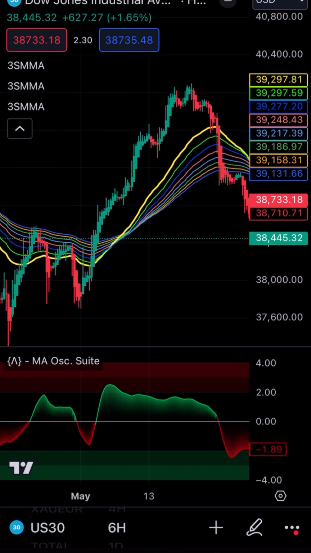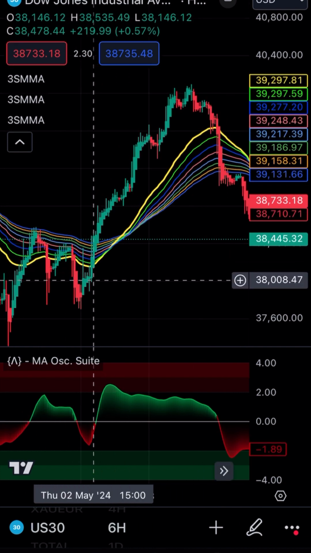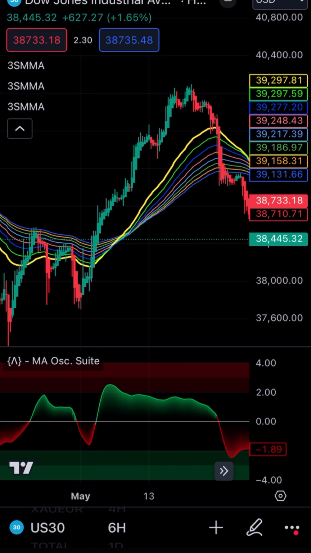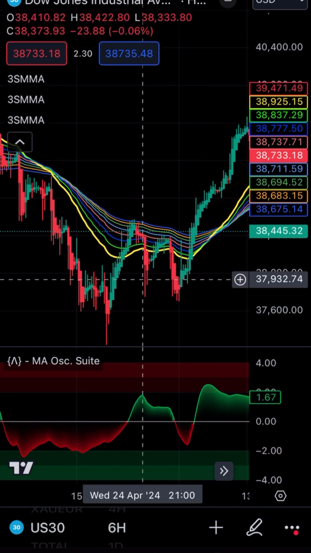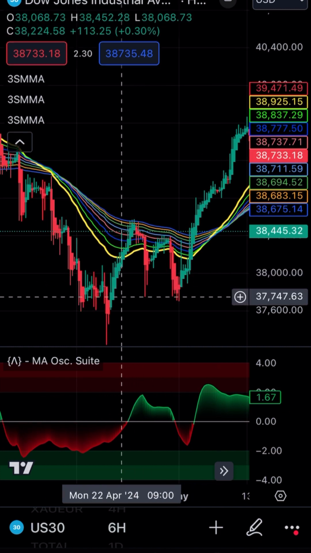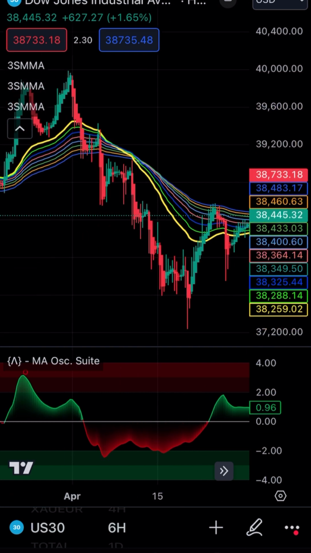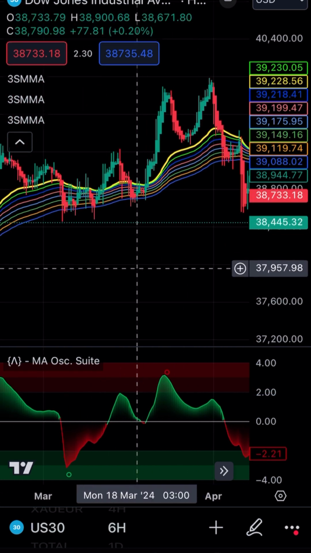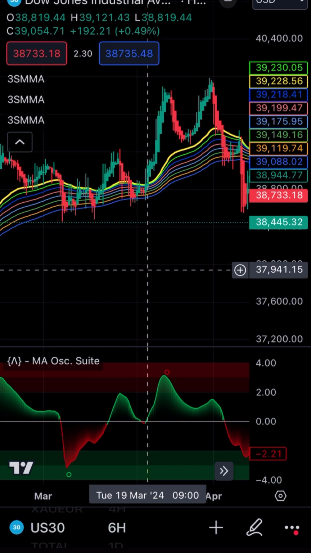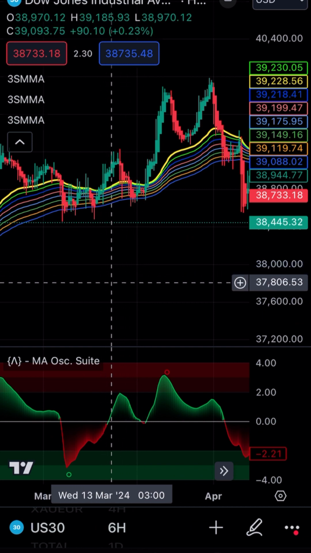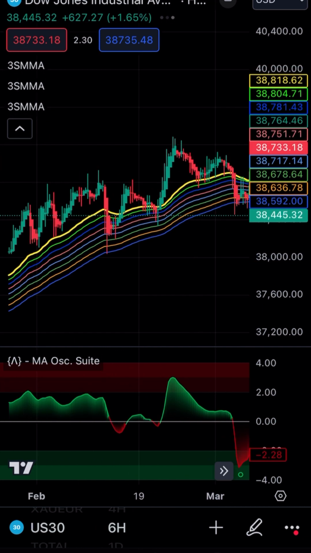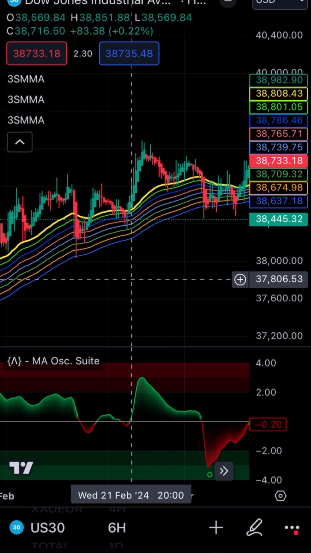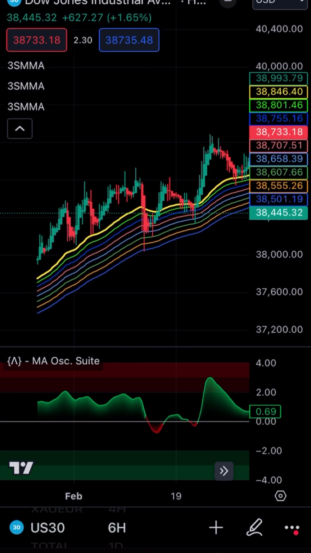So we know the overall direction is up, so we focus on all the moments where it's going up. You see that moment right here. That's profit right there. There's a little profit right here. There's profit right there. There's profit right there.